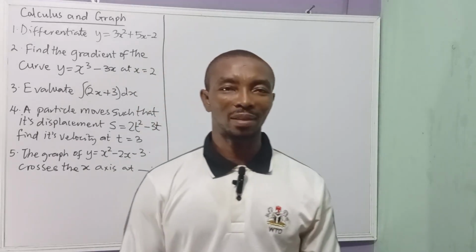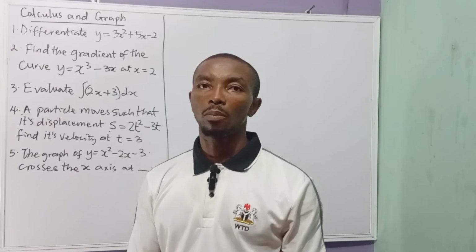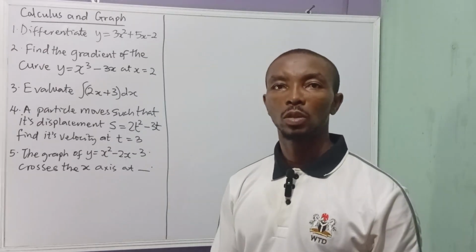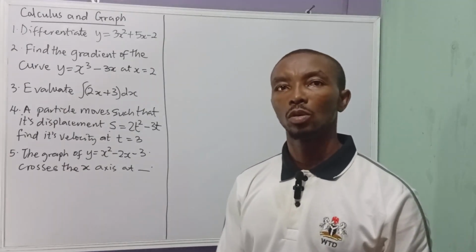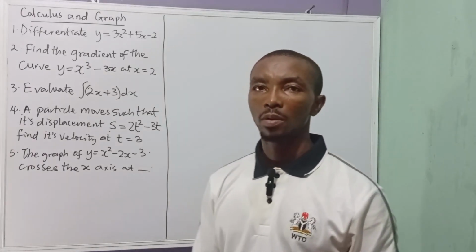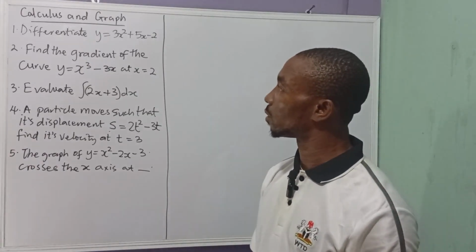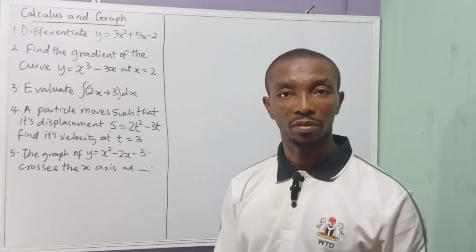Welcome to Mathematics Simplified. Today we'll be looking at questions from major topics that are most likely to come out in our forthcoming exams. The first topic we have is calculus and graphs.